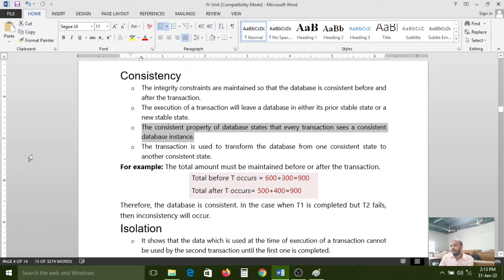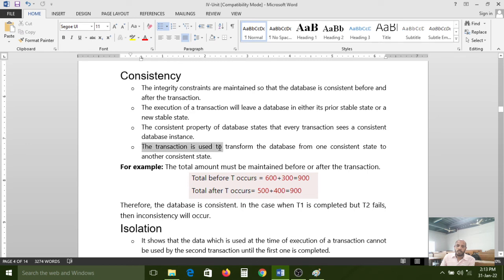So each and every transaction should first be analyzed to maintain consistent data. While creating the table, we assign some integrity constraints, and those constraints should always protect the data to maintain perfect, consistent data. So that is the meaning of this.